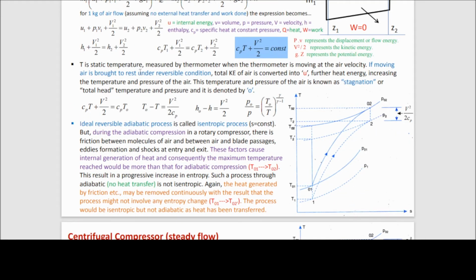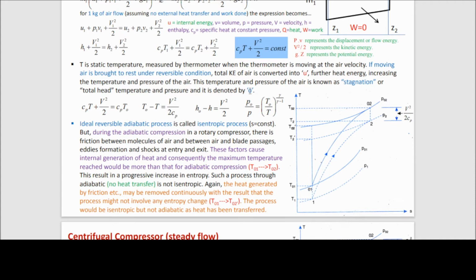Here T is the static temperature measured by the thermometer when the thermometer is moving at the air velocity. Understood? If moving air is brought to rest under reversible condition, the total kinetic energy of the air is converted into heat energy, increasing the temperature and pressure of the air. This temperature and pressure of the air is known as the stagnation or total head temperature and pressure, denoted by 0.